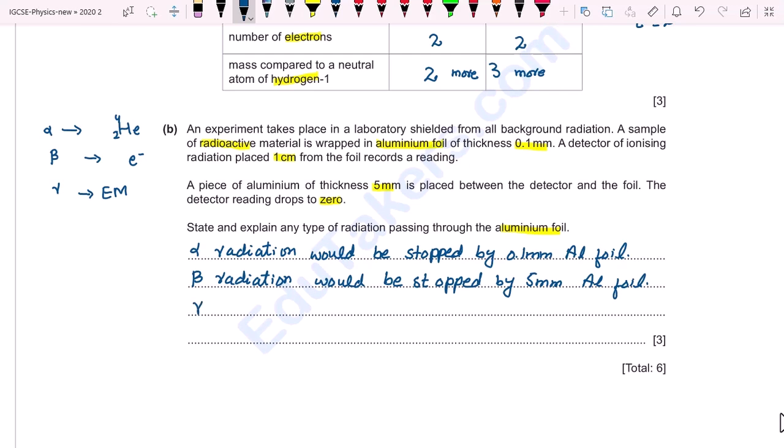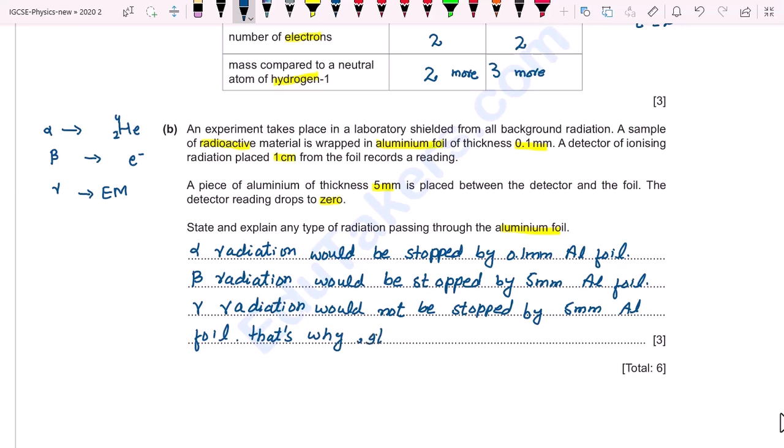Third one is gamma radiation, which would not be stopped by 5 mm aluminium foil, and that's why it can pass through it.